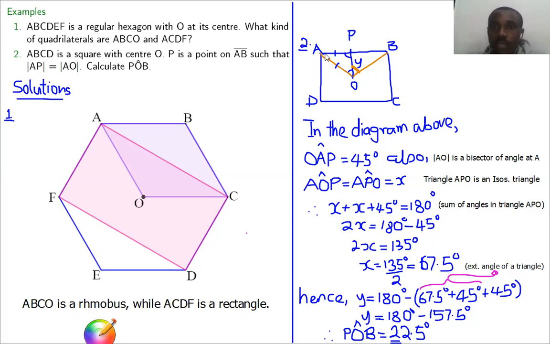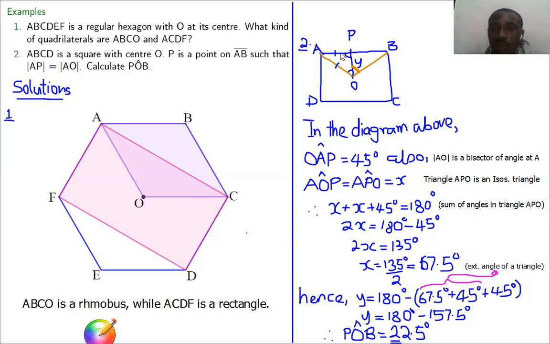Therefore, it will bisect the angle at A. And don't forget the angle at A is 90 degrees. So when it bisects, it becomes 45, 45. All right. So I said AO is a bisector of the angle at A, so that divides the angle into two equal halves. Then also, AOP is equal to APO, which is equal to x.